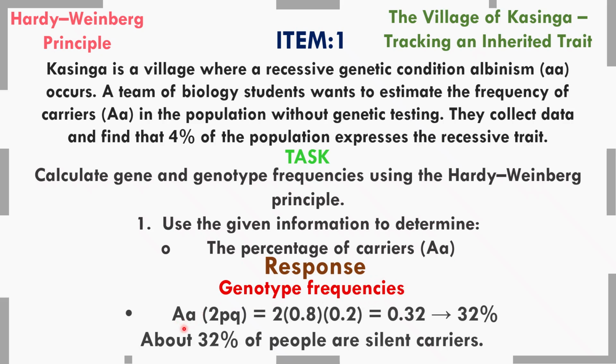Carriers, which is capital A, small a, represented by 2pq, is given by 2 times 0.8 times 0.2, which gives us 0.32. But the percentage will go to 32%. Therefore, about 32% of the people are silent carriers.